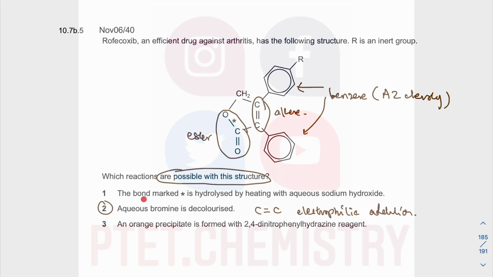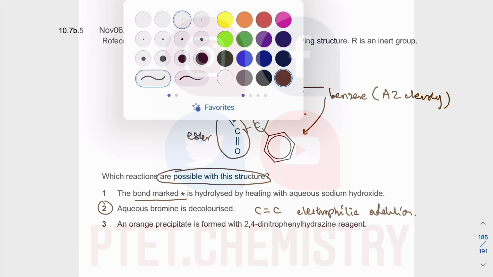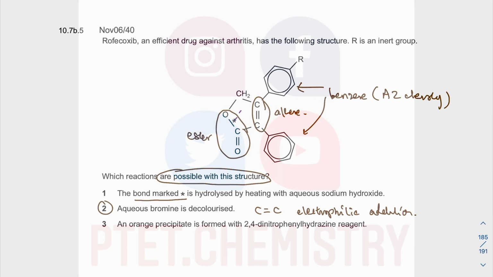All right, the bond. Okay, so this is not to do with a chiral carbon. This is to do with the bond. It's hydrolyzed by heating with aqueous sodium hydroxide, and that is correct because that is to do with base hydrolysis of esters. And this bit is the carboxylic acid.